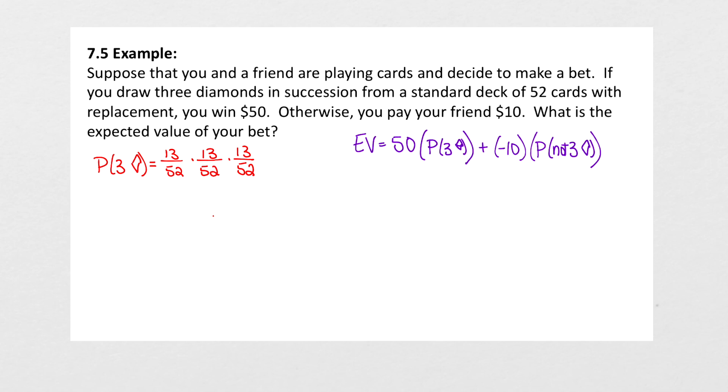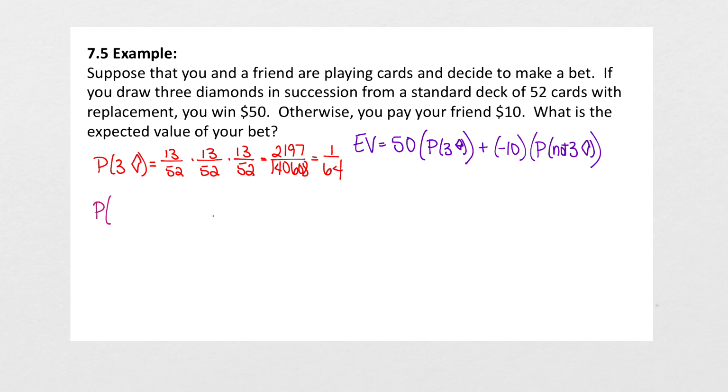If it was without replacement, then it would be 12 and 11. Well, we're multiplying for these 3 chances, and that gives us 2,197 over 140,608, which reduces to 1 over 64.